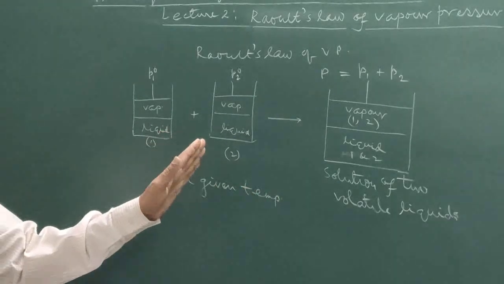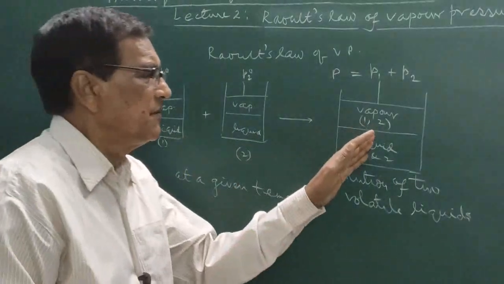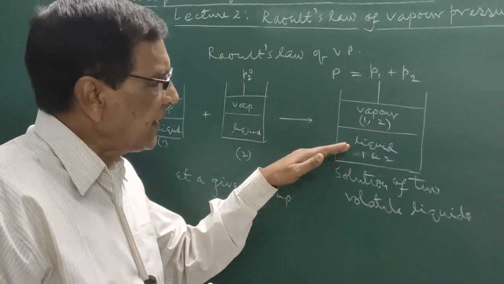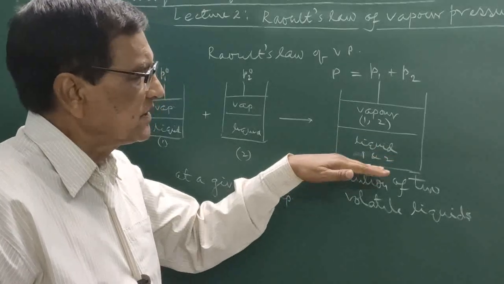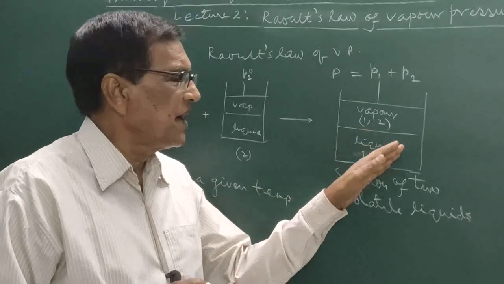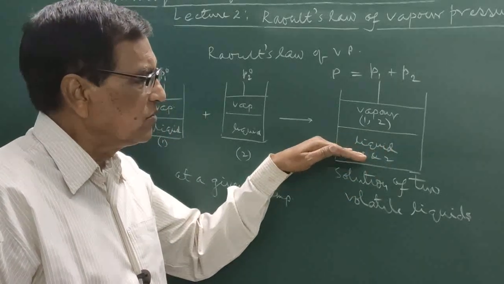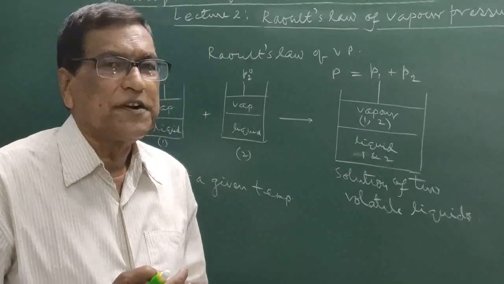Whenever these two liquids are mixed up, the randomness of the molecules in the liquid phase is increased. With the increasing randomness, the chemical potential of the liquid is decreased.